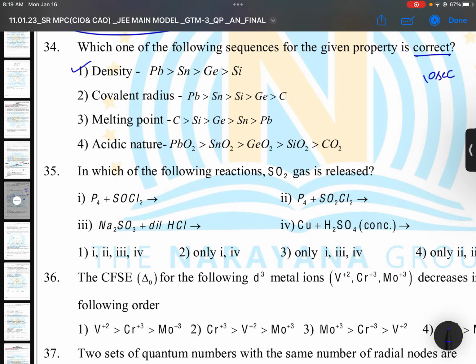Only first is correct because covalent radius order is lead, tin, germanium will be here. Melting point order is carbon, silicon, germanium, lead and tin. This is taken from NCERT. And carbon dioxide is more acidic, lead is more basic. So this is wrong. Only right statement.